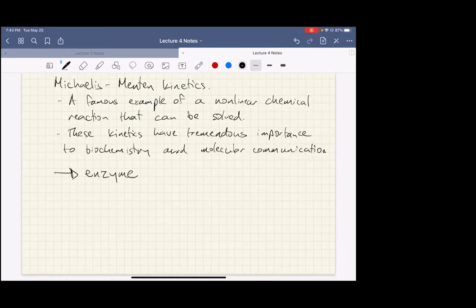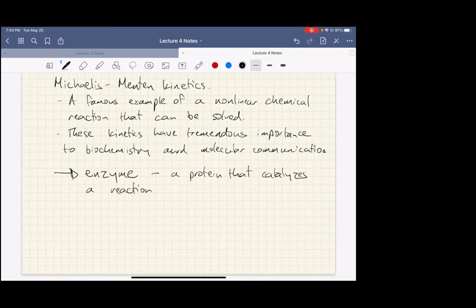So what an enzyme is, it's normally a protein. It's a particular kind of protein. And what it does is it catalyzes a reaction.